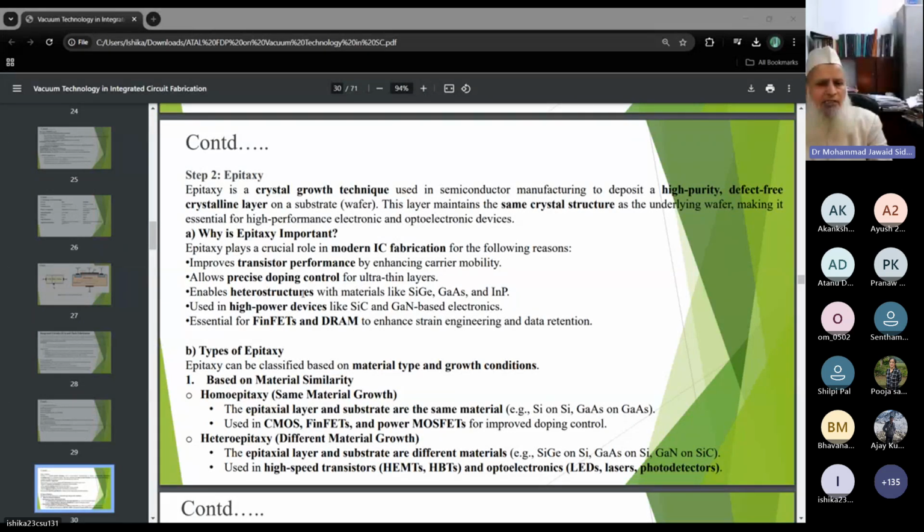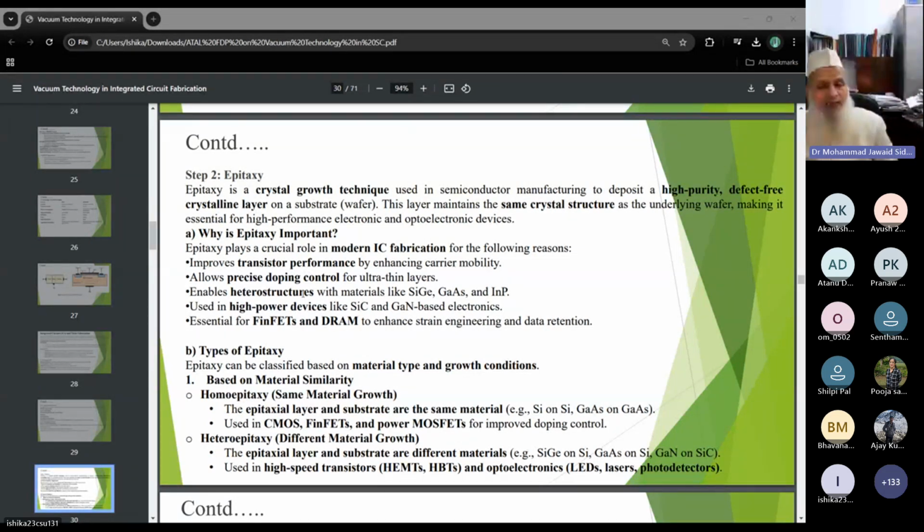Epitaxy plays a crucial role in modern integrated circuit fabrication for the following reasons: it improves transistor performance by enhancing carrier mobility, allows precise doping control for ultra-thin layers, enables heterostructures with materials like silicon germanium, gallium arsenide, and indium phosphide, is used in high-power devices like silicon carbide and gallium nitride based electronics, and is essential for FinFET and dynamic RAM to enhance strain engineering and data retention.